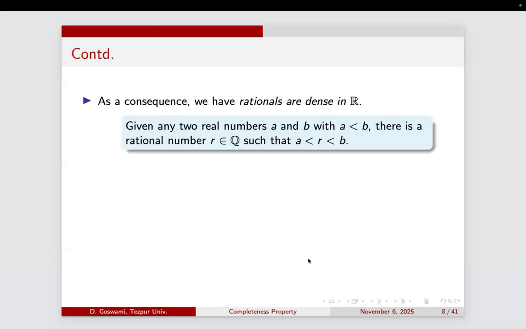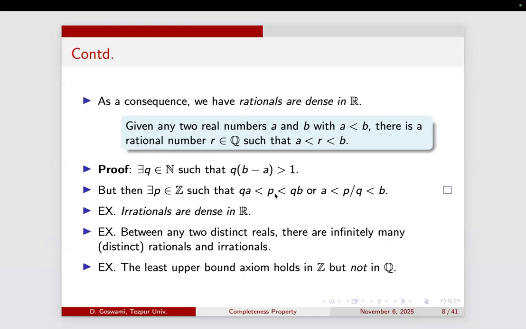Okay, so you have seen it in earlier math, I believe. And as a consequence of this, we can say that rationals are dense. I'll be skipping this, but one can obviously check that irrationals are also dense in R. And between any two distinct reals, there are infinitely many rationals and irrationals.